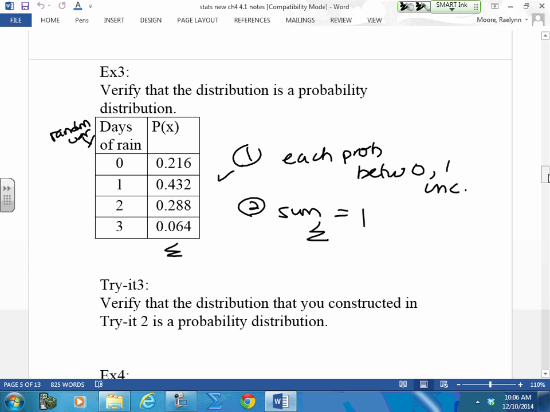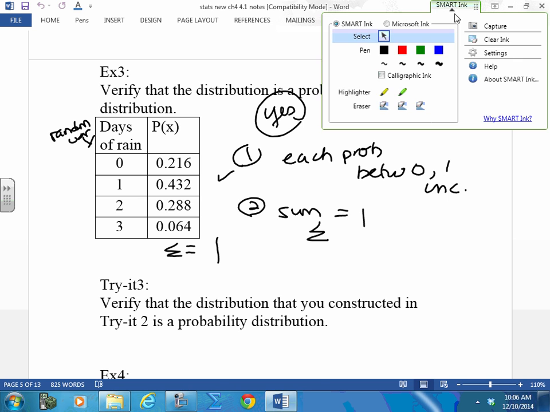Then we say, does this add up to 1? And we add them all up. You can do them in your calculator. Yep. So therefore, yes, this is a probability distribution. I just want you to verify these first.